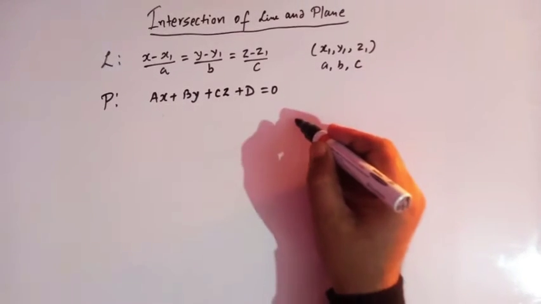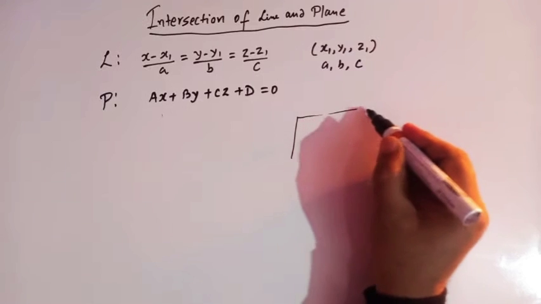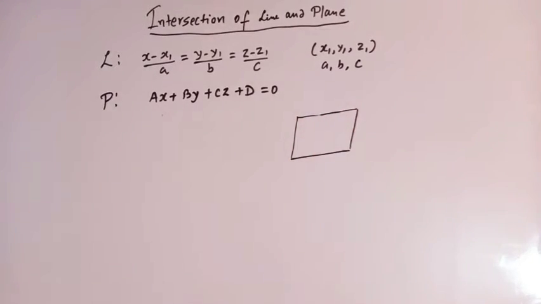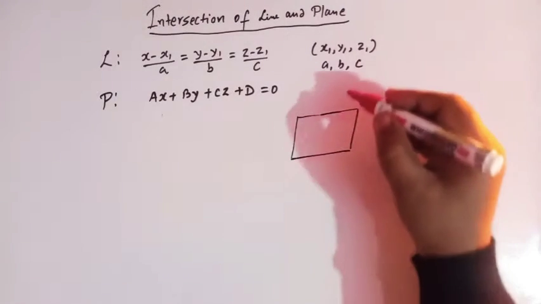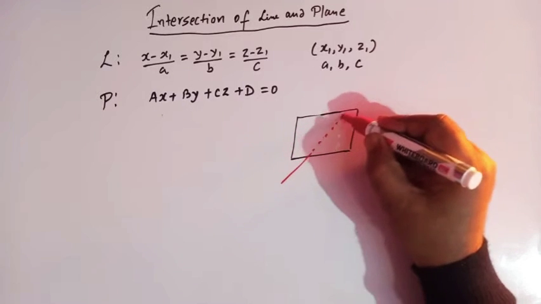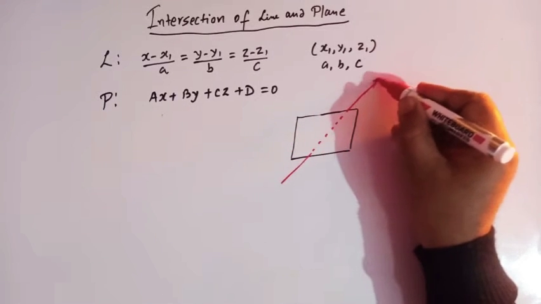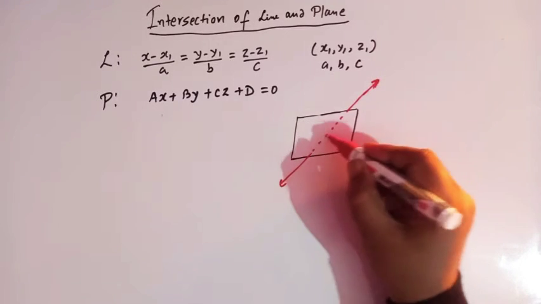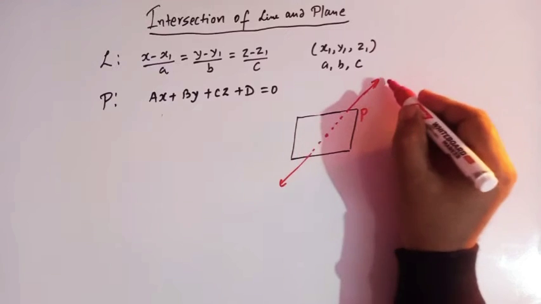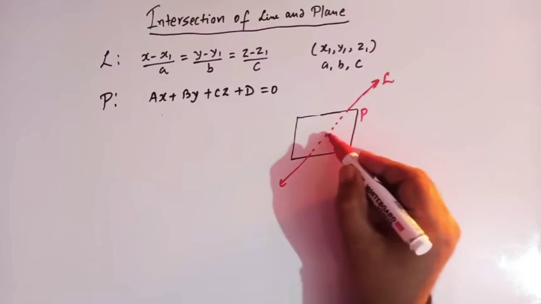Suppose we have this plane and the line is like this. Say this is the line, and we have to find the point of intersection of this plane P and the line L, right?